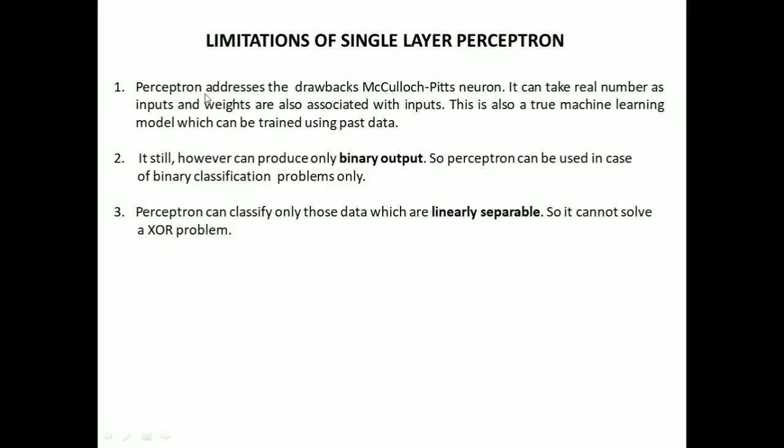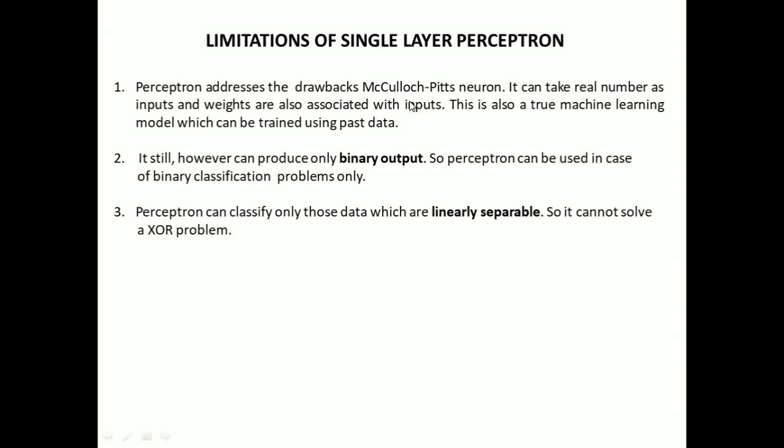Finally, we shall conclude our discussion on the single layer perceptron by discussing some points. We already know that we have discussed the McCulloch-Pitts neuronal model. The perceptron addresses the drawbacks of the McCulloch-Pitts neuron. That is, the perceptron can take real numbers as inputs and weights, whereas the McCulloch-Pitts model cannot take real numbers as weights associated with the inputs.